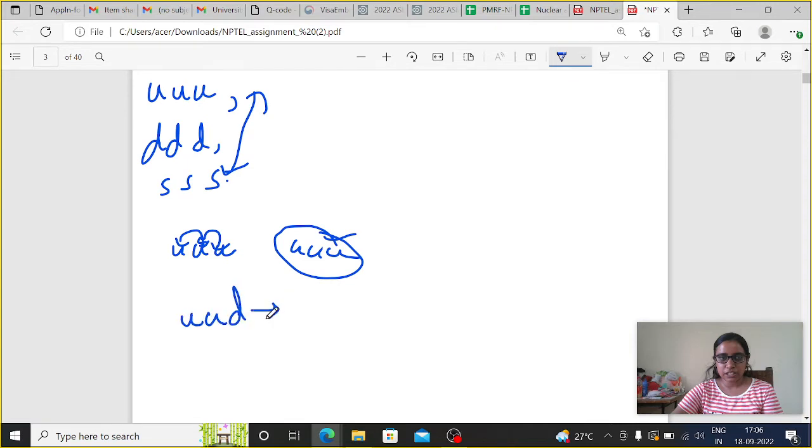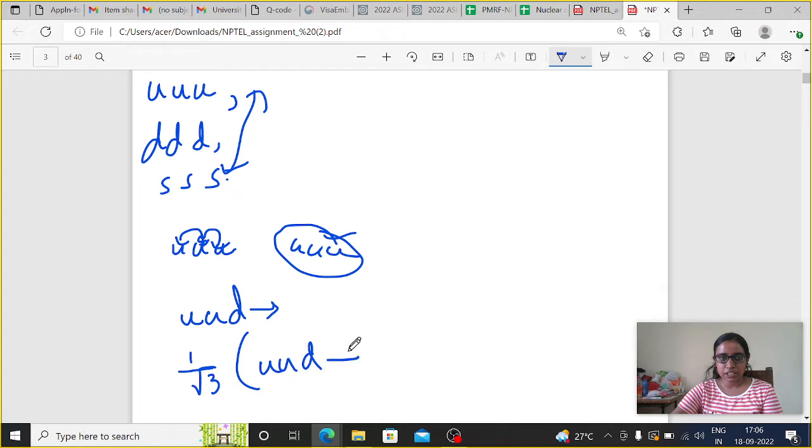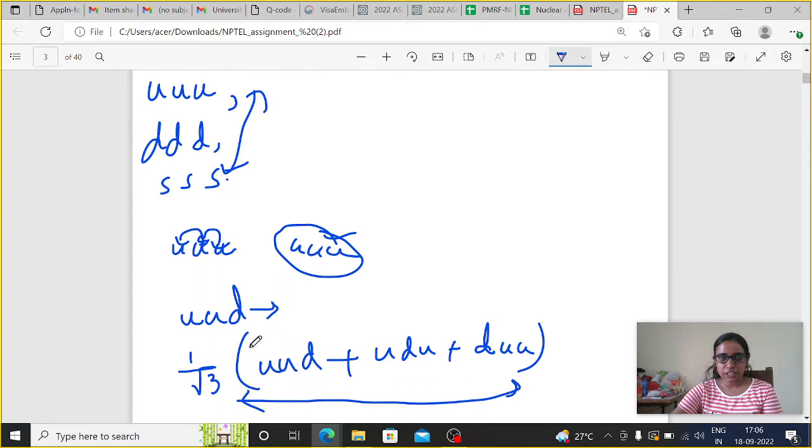uud. I can write uud as uud plus udu plus duu. This type of configuration will be there for the uud configuration. Why? Because it also follows the symmetric rule.